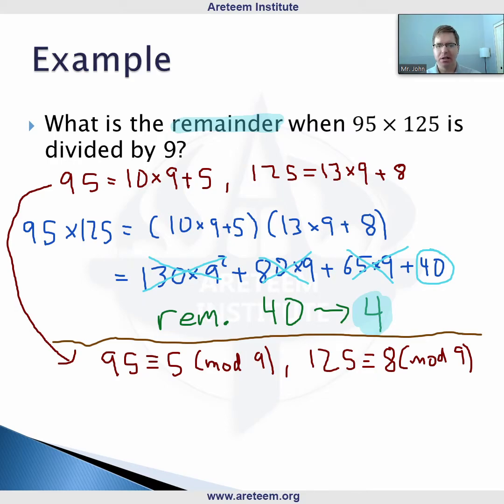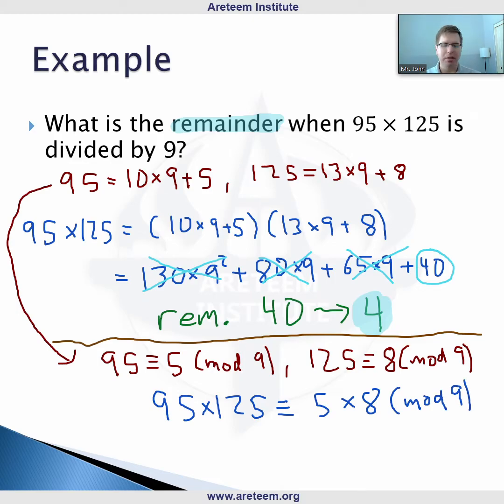So when we do 95 times 125 mod 9, we only need to care about the remainders, 5 and 8. So when we're multiplying, this is equivalent to 5 times 8 mod 9, and then that is equivalent to 40, which as before is equivalent to 4 mod 9.